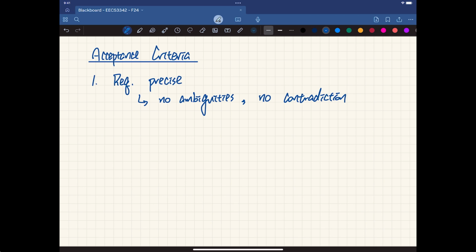Okay, let me go a little bit further. What does it really mean? No ambiguities means that, given the same piece of work, it shouldn't be that engineer number one looks at it and has one interpretation, and engineer number two looks at it and has another interpretation, right? That would be ambiguous.